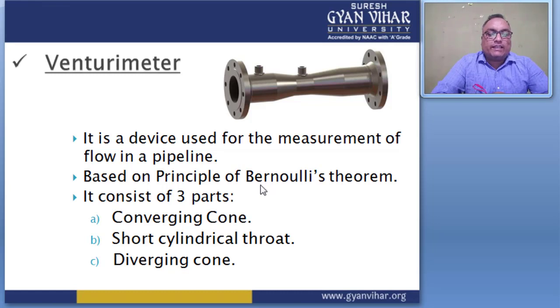This is the converging section, this is the throat, and this is the diverging section. These three sections are helpful to find the flow measurements inside this pipe.